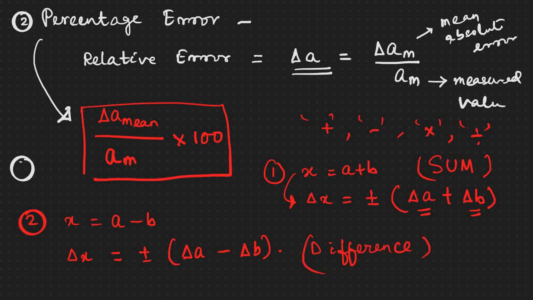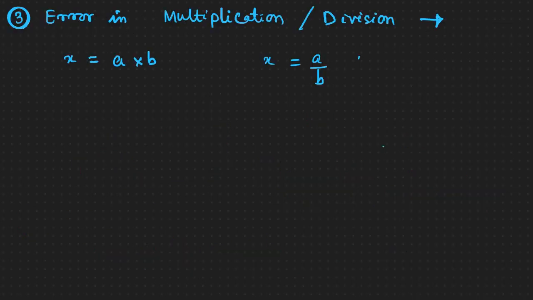After finishing this, we will go to how to calculate the relative error in multiplication or division. So if we have x equals a into b or x equals a by b, how do we calculate the relative error here? As we know, a will have a value plus del a, which will be the measured value.